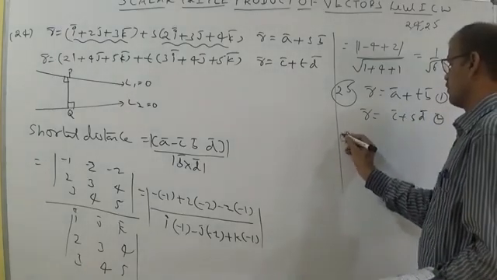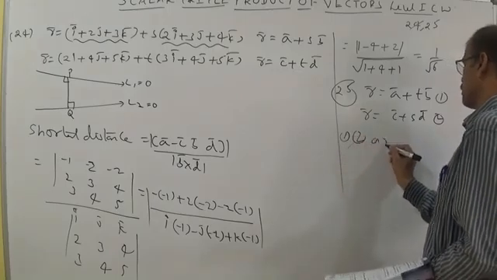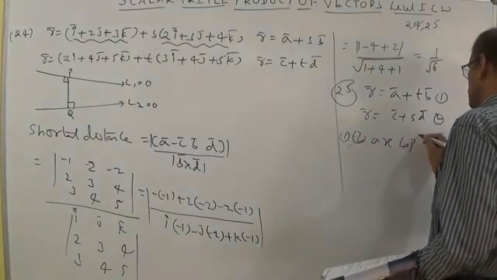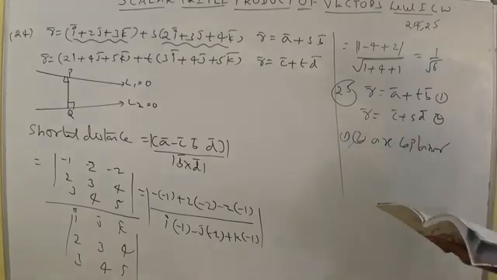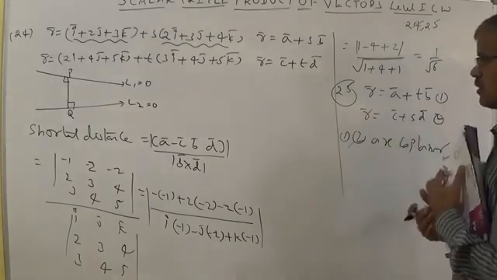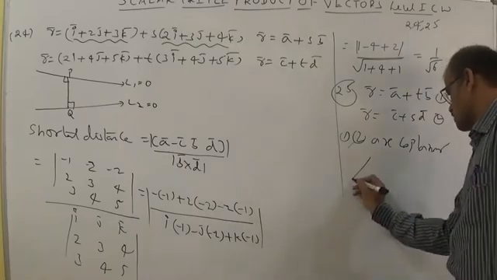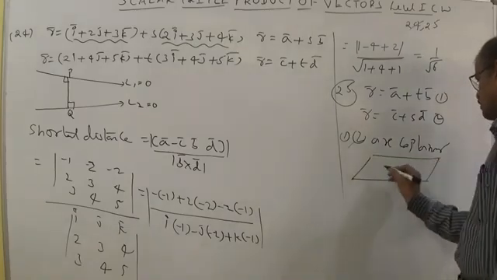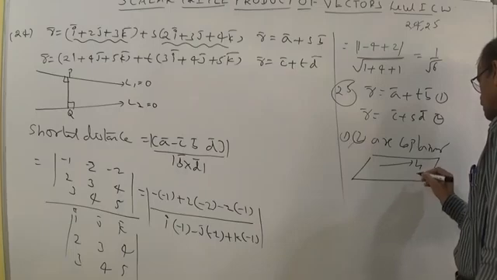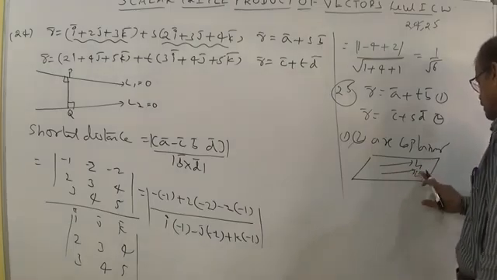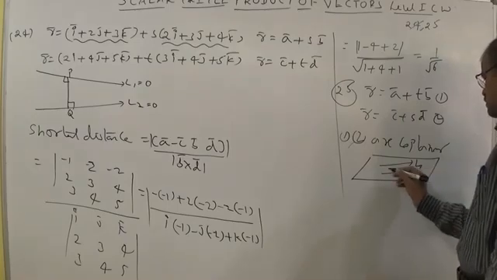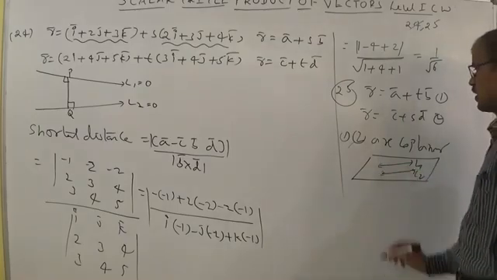Given that the two lines are coplanar, meaning the two lines lie on the same plane, what is the value? Let us draw a rough diagram. This is the first line L1 and this is the second line L2. These two lines are coplanar.